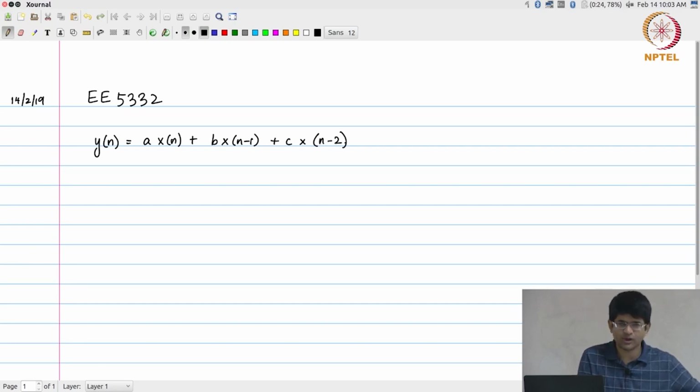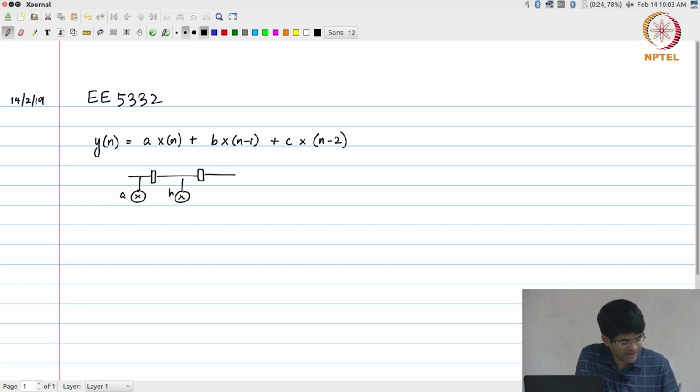The straightforward hardware implementation for this looks something like this. I'm going to draw block diagrams from now onwards, not the data flow graphs. They are interchangeable. I hope there is no confusion in terms of how to visualize them at any given point in time. If there is any problem, please feel free to stop me and get it clarified.